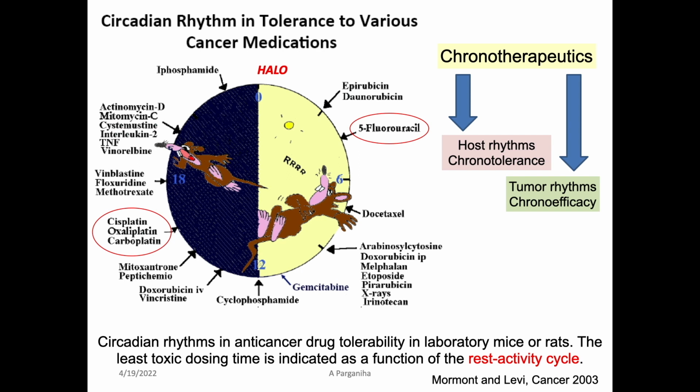It means these drugs are better tolerated when mice are active, and at that particular time the chronotolerance is better and the effectiveness or chrono-efficacy of the drug is maximum. So these are all the chemotherapeutic drugs, and they are better tolerated as a function of the rest-activity response of the mice.